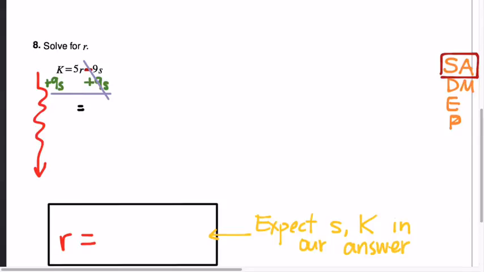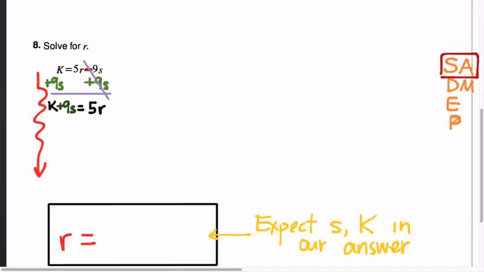And at the end of that process, on the right-hand side of my equation, the only thing I'm going to have left is 5r. What do I have on the left-hand side? K plus 9s, right. So what it looks like has happened is that that 9s has just moved from one side of the equation over to the other. But the nature of that moving is that we've added it to both sides. And now we're one step closer to our goal of getting the r alone.